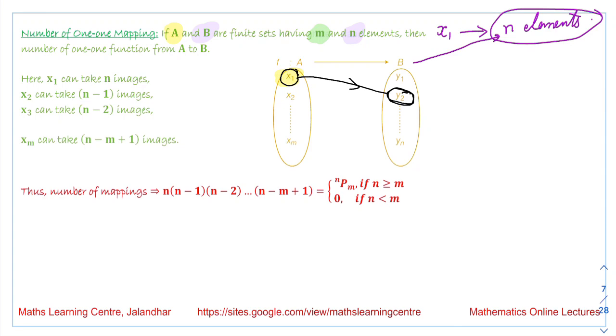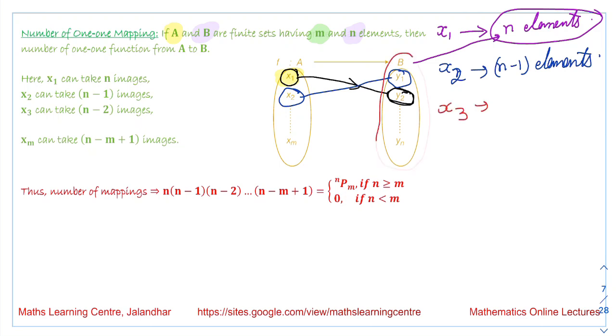Now if x1 is, suppose, mapped to y2, then we next move to the element x2. Now x2 can be mapped to any of these elements over here, and how many elements are we left with? It is n minus 1 elements. Next, when we talk about x3, how many elements of B are we left with to which x3 can be mapped?